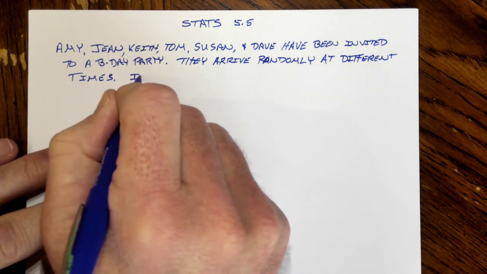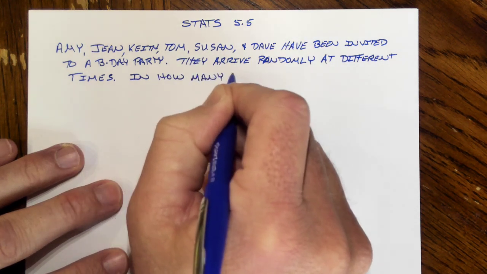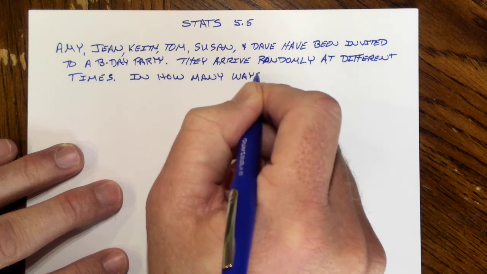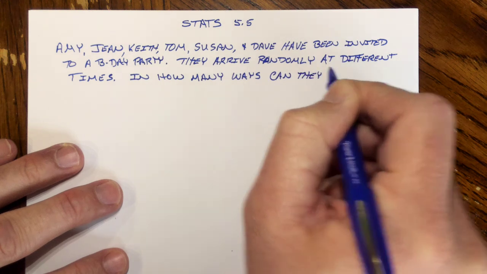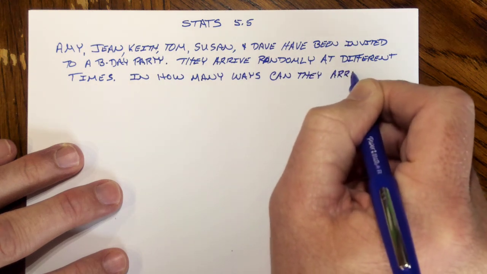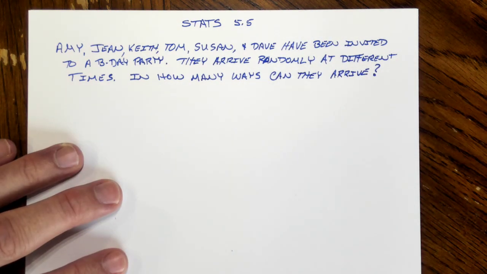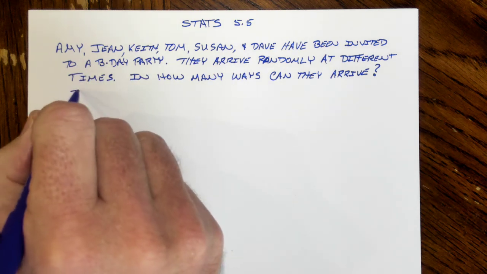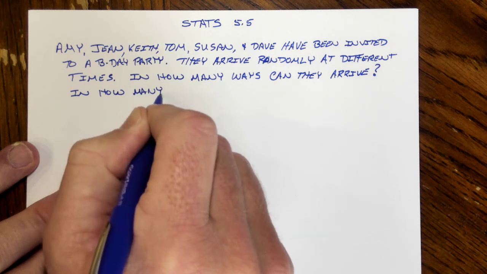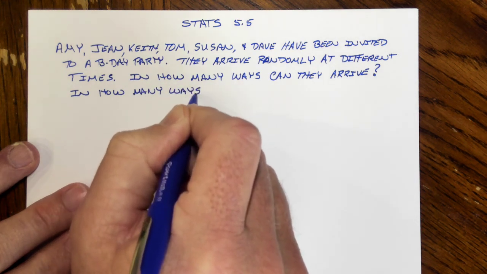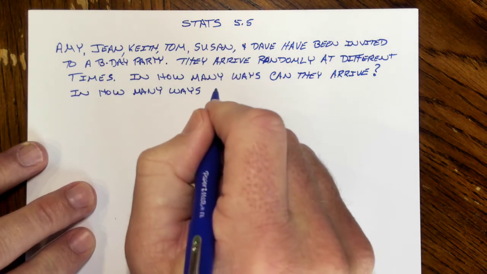First off, there's the first question. In how many ways can Jean arrive first and Keith last?